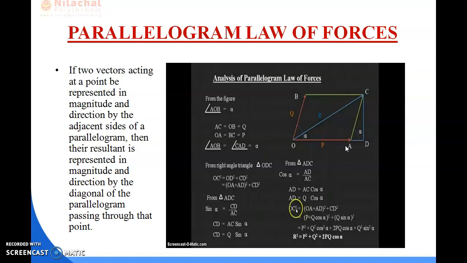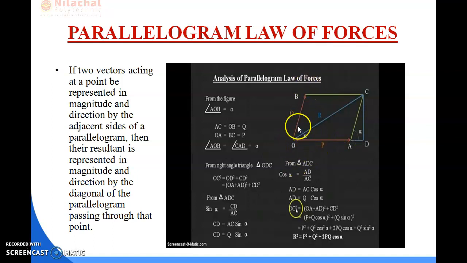The two triangles are OAC, ACD, and another one is OCA. From the figure, take the triangle AOB.